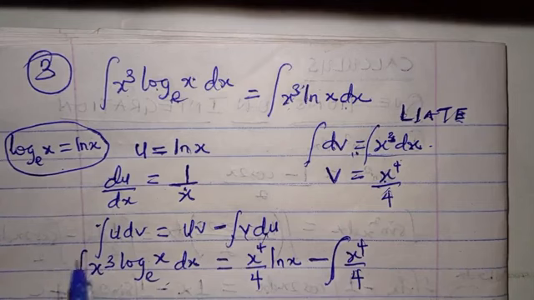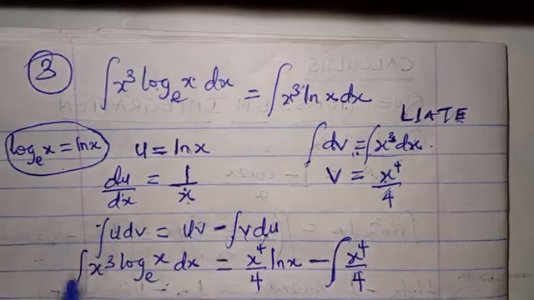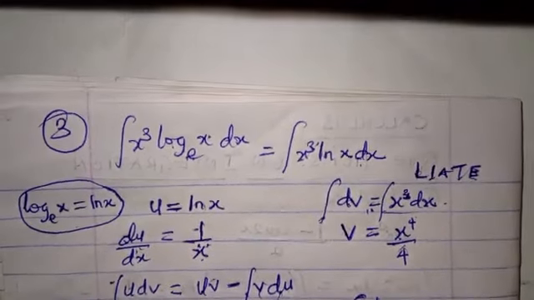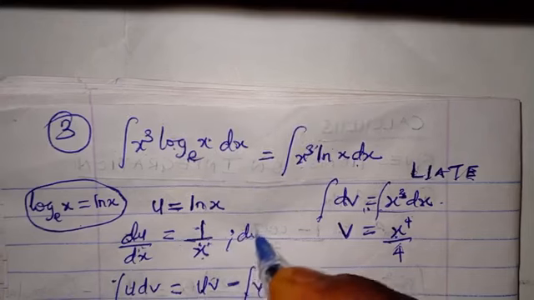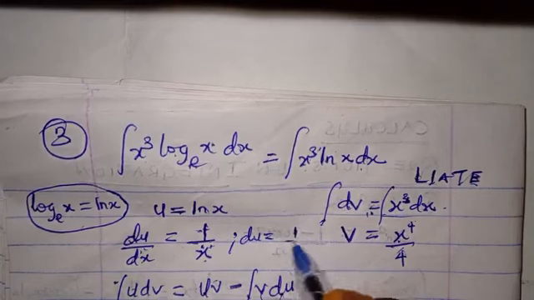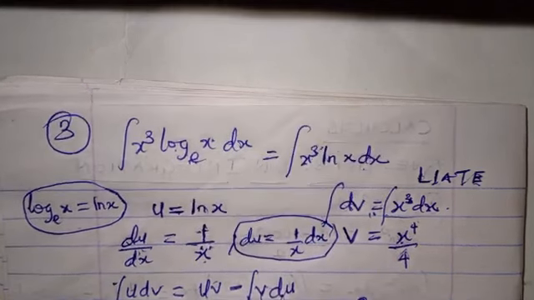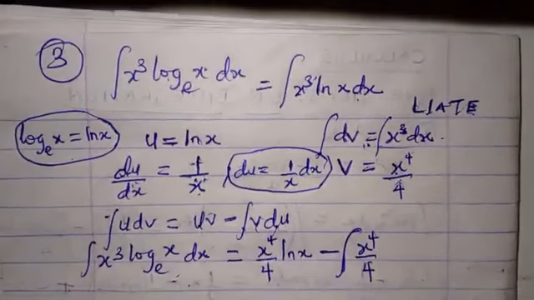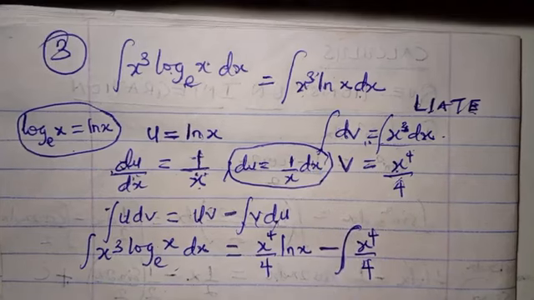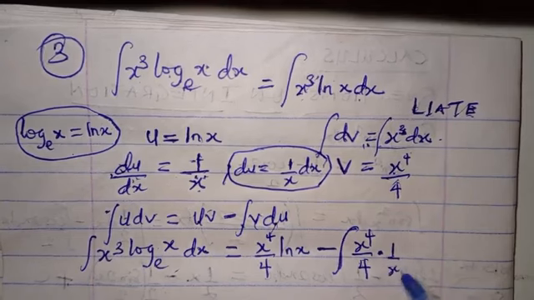Okay, watch. du dx is equal to 1 over x. So if I make du the subject of the formula here, it will be du equal to 1 all over x dx, right? So du from here is 1 over x dx. So I'm going to write times 1 all over x dx.